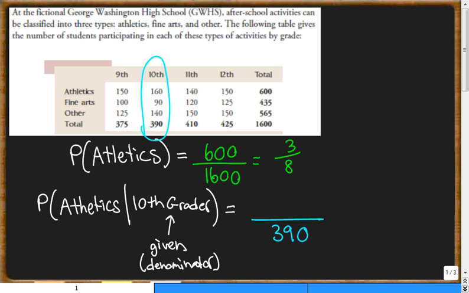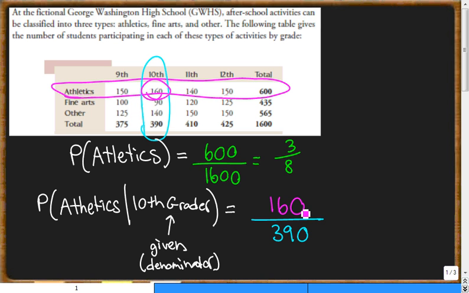And we're going to divide that by the chance that they're in athletics. So we look at this column. The chance that they're in athletics and in 10th grade is the intersection of these 2 things. So that is going to be 160.